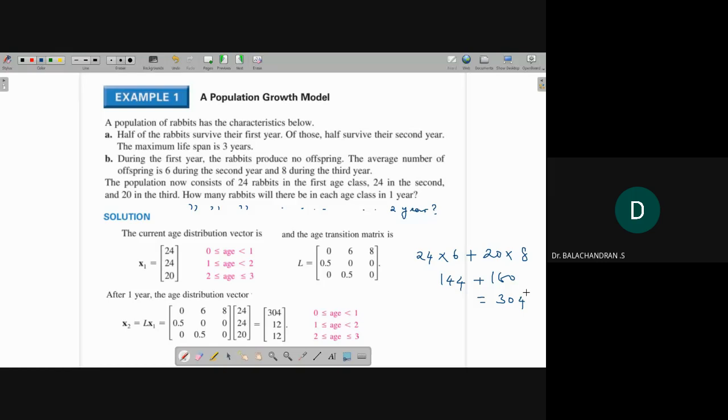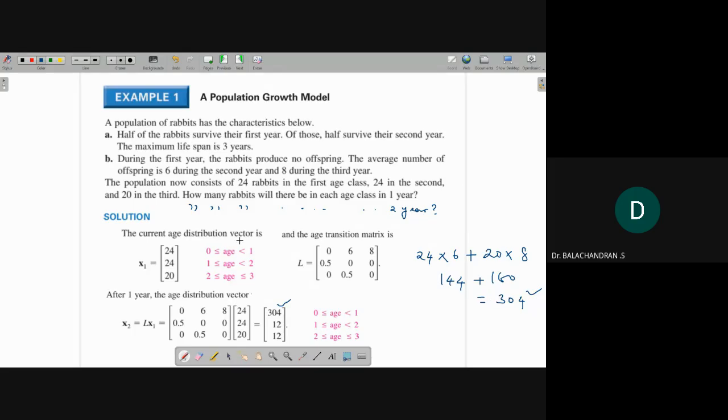So this is 304 in the next year, after 1 year. The value of x1, the first component, is 304. Okay.